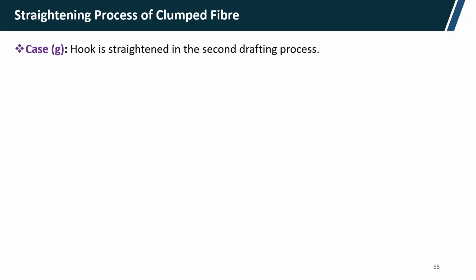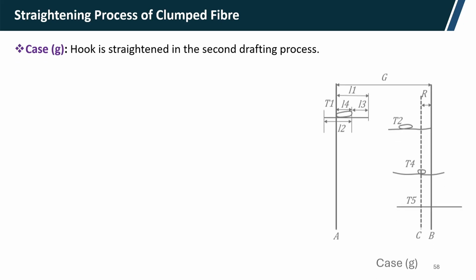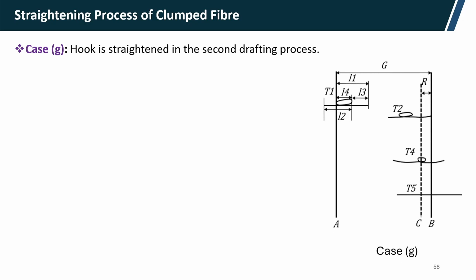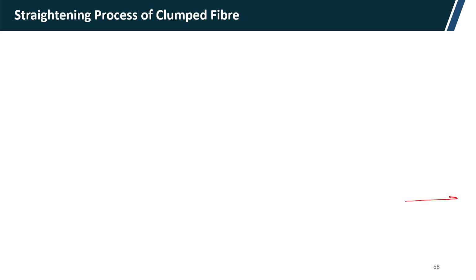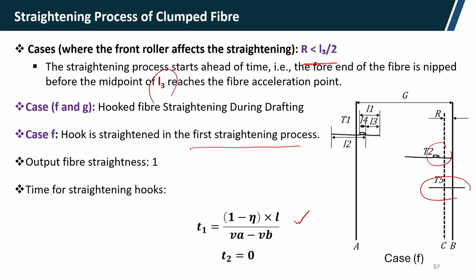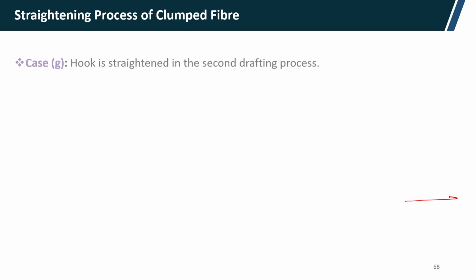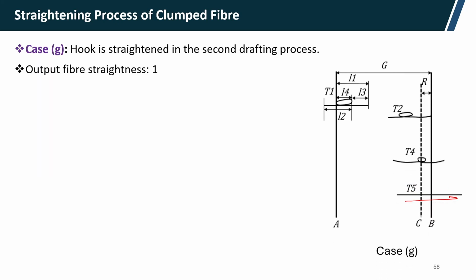Case G, hook is straightened in the second phase. Earlier we saw the hook is straightened at the first stage; here the second phase timing we should calculate. Output straightness is 1.